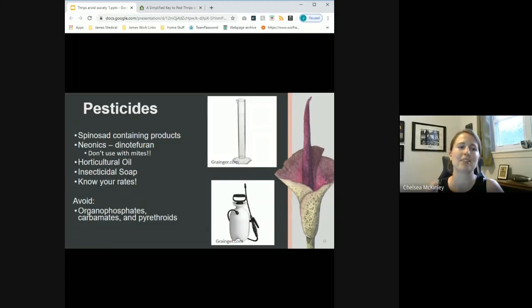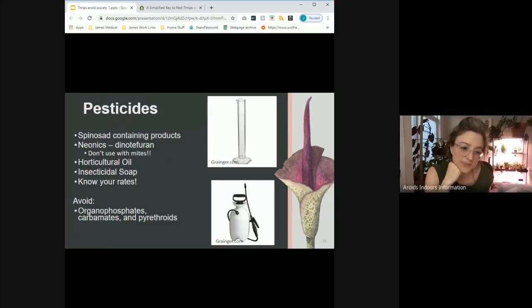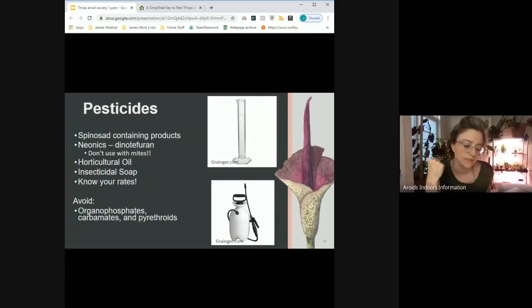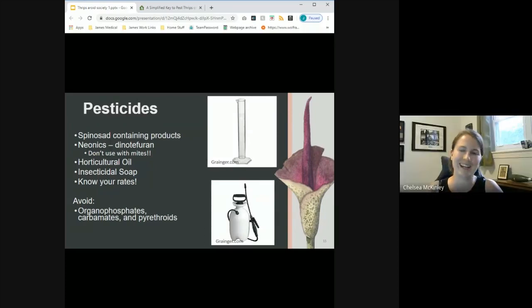Not good. Imidacloprid and dinotefuran are both neonicotinoids, and dinotefuran in particular has shown pretty good efficacy against thrips. I would just be careful if you have spider mites on your plants and you're using neonicotinoids, just make sure to also address the spider mites separately. Otherwise, you could have a spider mite outbreak on your hands, which wouldn't be good.